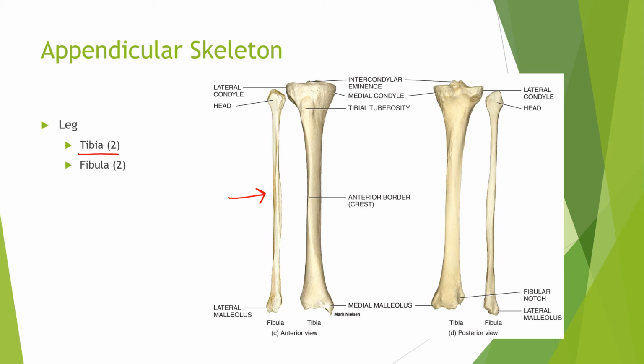The tibia, as I mentioned, is medial. Therefore, it's associated with the medial malleolus. The fibula is lateral and therefore associated with the lateral malleolus. A way to remember it, fibula for lateral.